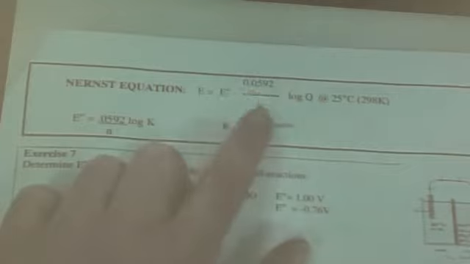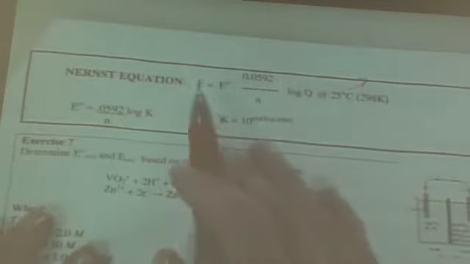We can simplify this a little bit because at room temperature, standard temperature, remember I told you we're not going to mess with the temperature in these problems. The cell potential is equal to the standard cell potential minus 0.0592.